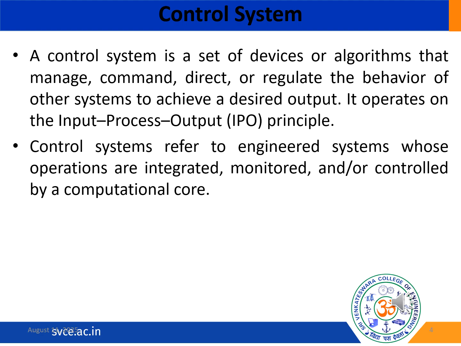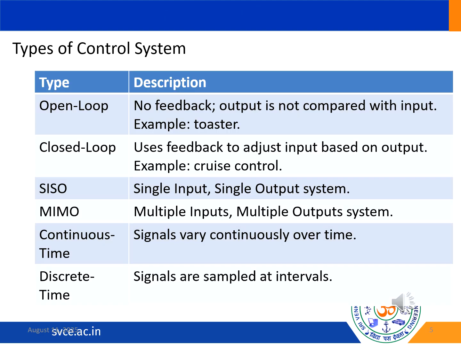It's very easy. A control system is a system which can control other systems to achieve a desired output. Control systems refer to engineered systems whose operations are integrated, monitored, and controlled by a computational core.